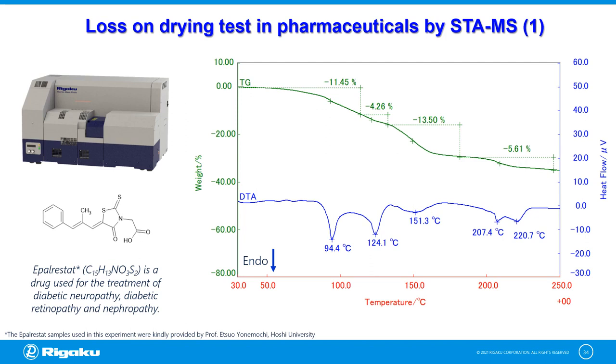In our STA results, it reveals a 4-stage mass loss up to 250 degrees centigrade associated with endothermic reactions. Using STA-MS, we are able to qualitatively determine the evolved gases as well as their evolution behavior as a function of temperature.